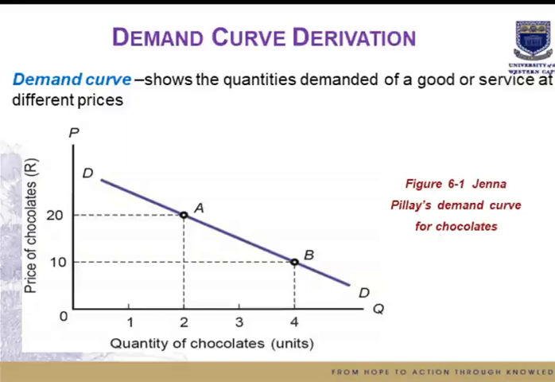Therefore, the individual demand curve slopes downwards from left to right as reflected in figure 6.1. At the price of 20 Rand, 2 units of chocolates are demanded, that is point A, and at the price of 10 Rand, 4 units of chocolates are demanded, which is point B. If we join these 2 points, we obtain Jenna's demand curve for chocolate, which slopes downwards from left to right.